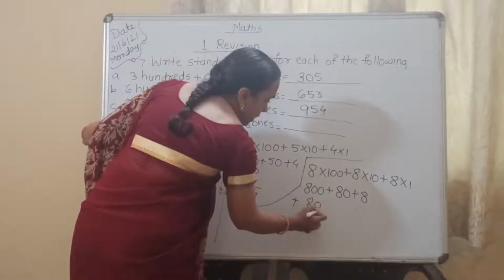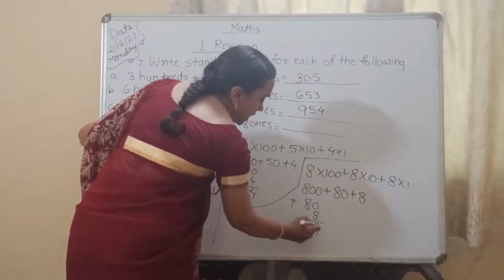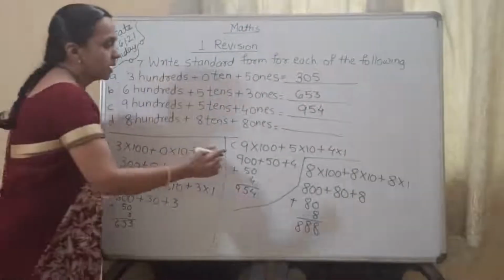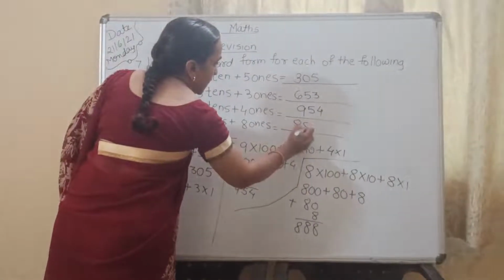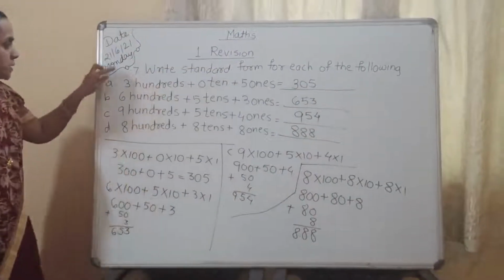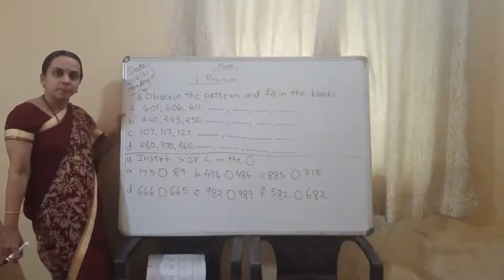So we can write here also 8 plus 0, 8. 8 plus 0, 8. This 8 as it is. So what is our answer? 888. So in this way, this 7th question you have to complete in your textbook.